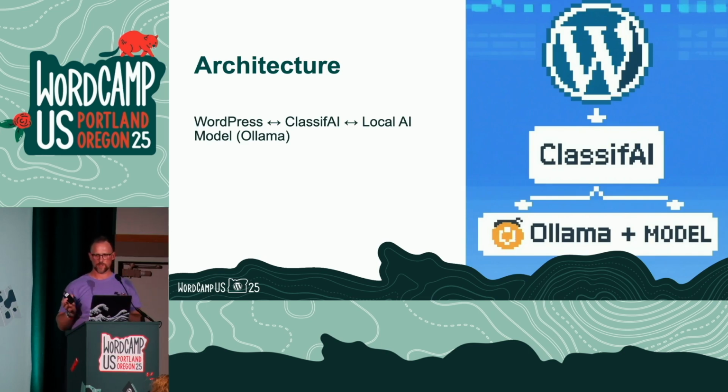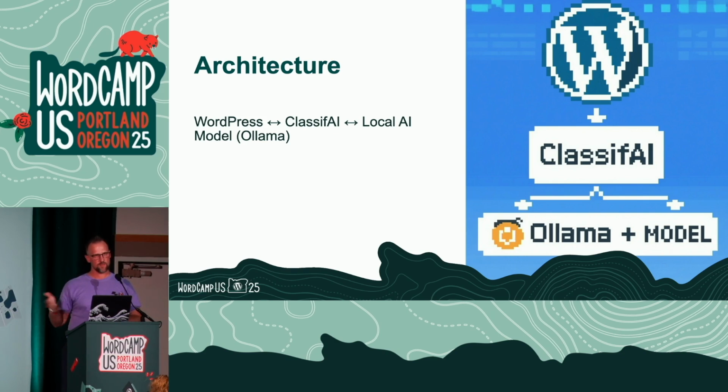So effectively what happens here with WordPress and ClassifAI and Ollama is you have a request that originates in WordPress. For example, you've got a post and you want to generate an excerpt, right? ClassifAI intercepts that, sends that request to the service provider, be that a cloud-based one like Anthropic or locally, in the case of what we'll look at today, with Ollama.